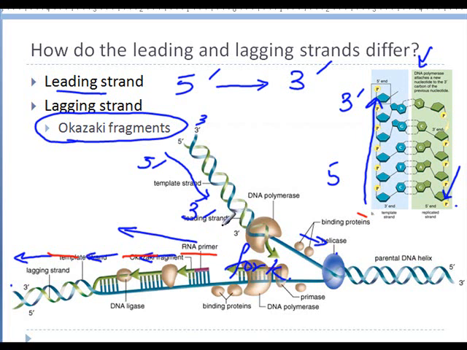In both cases, there is an enzyme which we will see in the animation called the RNA primer, which will actually add a primer before the DNA polymerase adds the nucleotide to the 3' end, and eventually the two strands will grow.